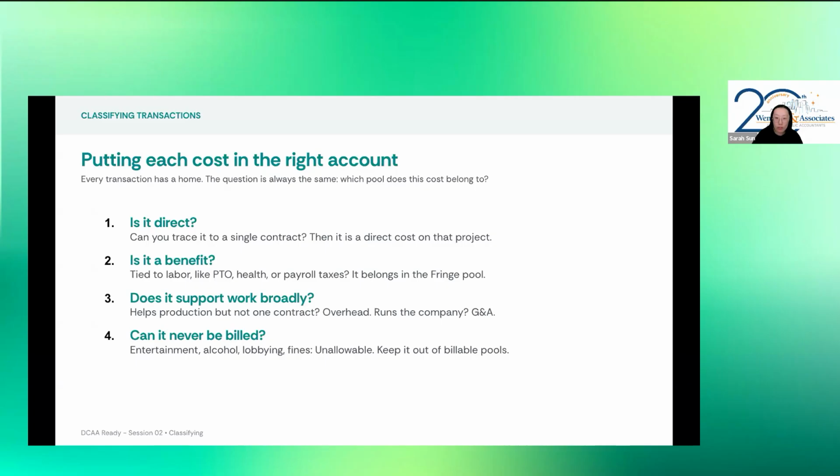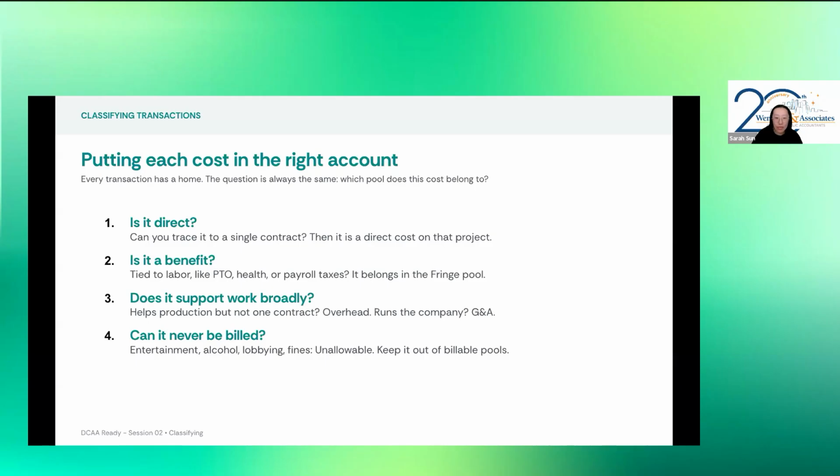If so, that will be a fringe expense. Does it generally support contract performance? If yes, that will be an overhead expense. Or does it support running the company? That will be a G&A expense. Or the last question, is it a cost that cannot be charged to the government? If so, that will belong to the unallowable expense pool.